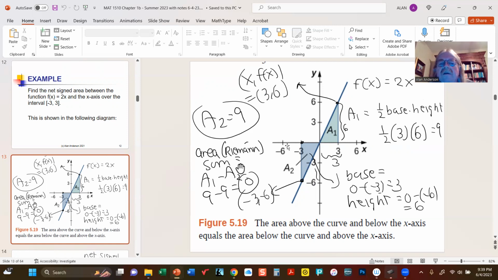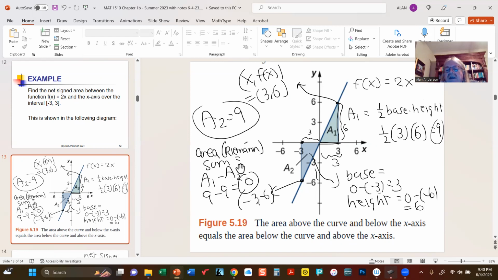Okay. So let's see. Well, these are nice and easy because they are triangles. You can see A1, we calculate as the area of the triangle, 1/2 base times height. So the way this is described here, the base is 3. The height is 6. So that A1 triangle has an area of 9. Over here, let's see, the base is 3.